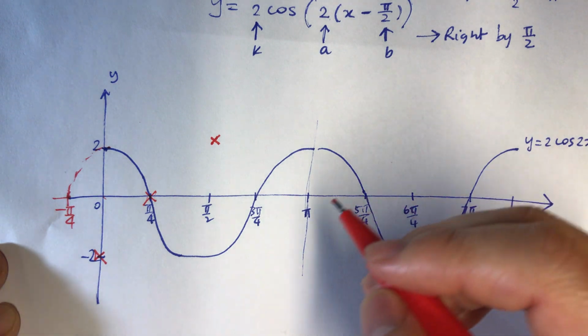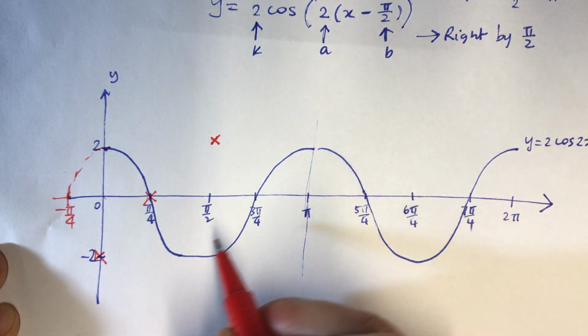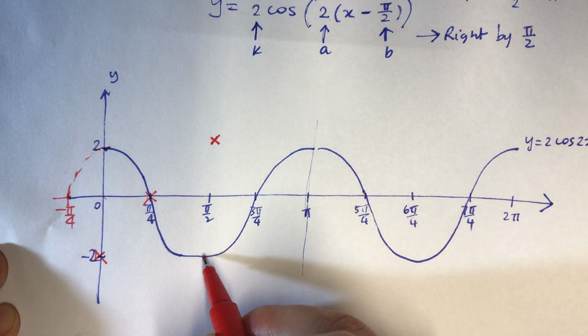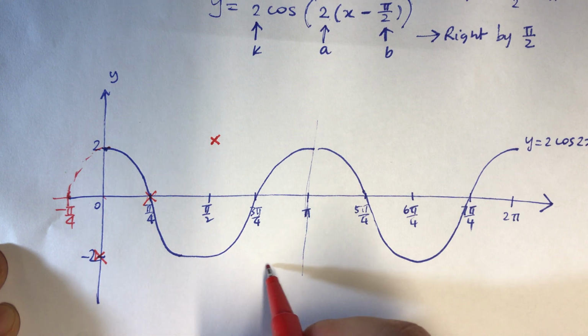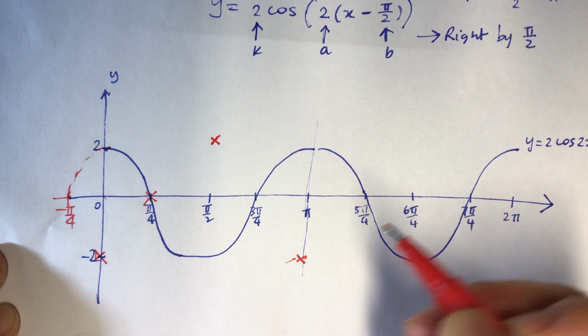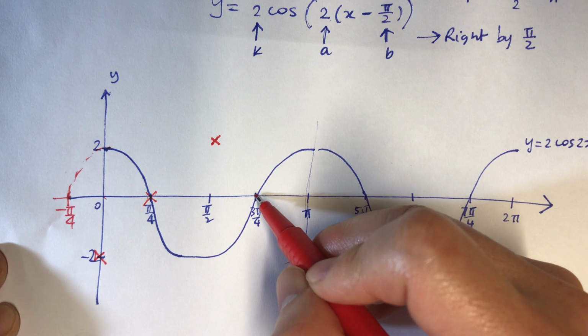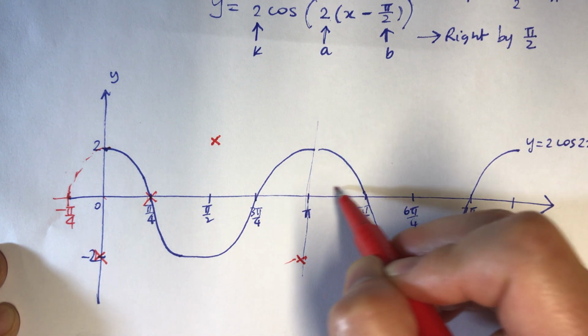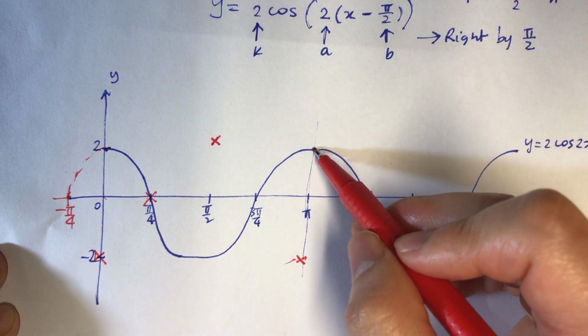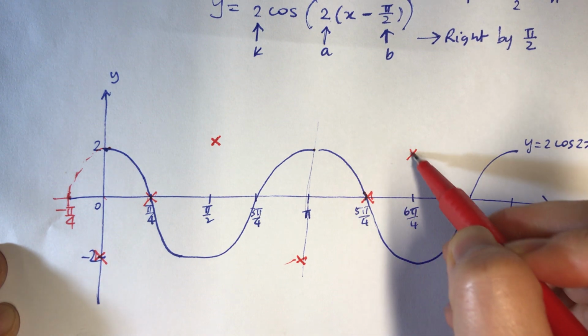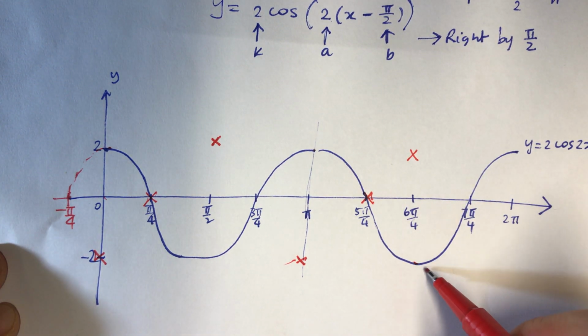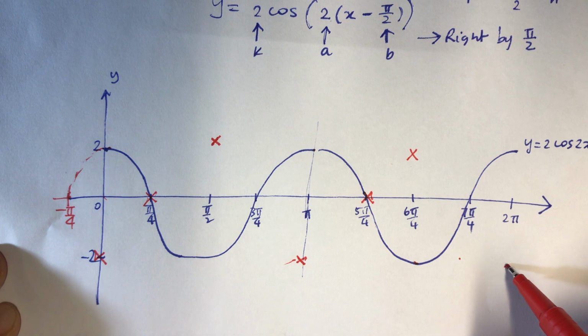Okay, so I've got that part, and then I'm moving this 90 degrees, 1, 2, so here. Okay, I'm moving 90 degrees to here, 90 degrees 1, 2 here, 90 degrees 1, 2 here.